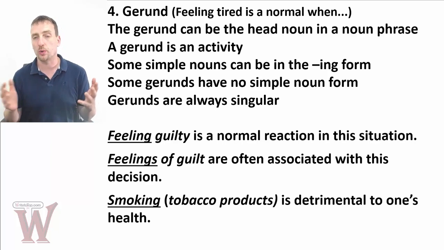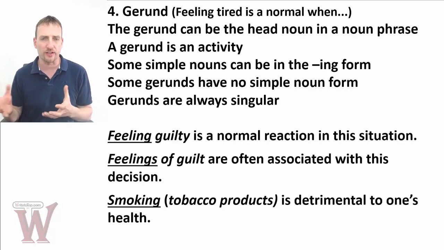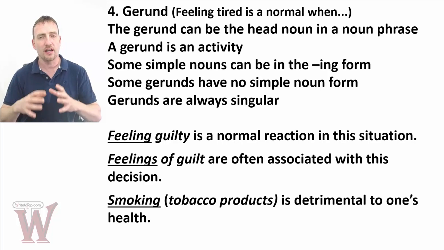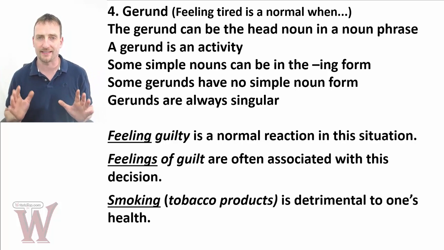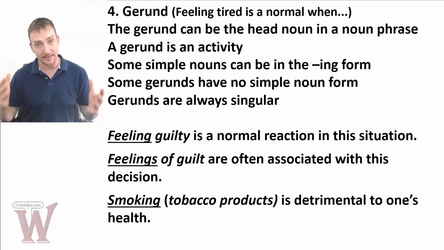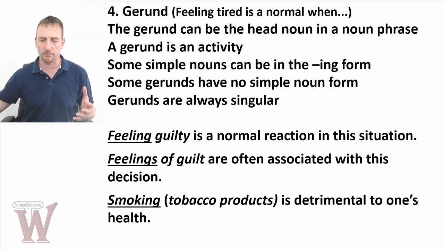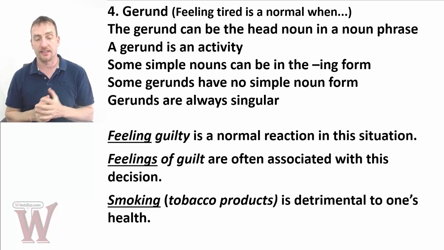Some gerunds have no simple noun form. So for some activities, there is no noun for it. So you have to remember, it's always the gerund that is the noun for this word. And therefore you have a gerund phrase or just a gerund by itself. And gerunds are always singular. So every time you have a gerund or a gerund phrase as your subject, it's going to be matched with a singular verb, okay?